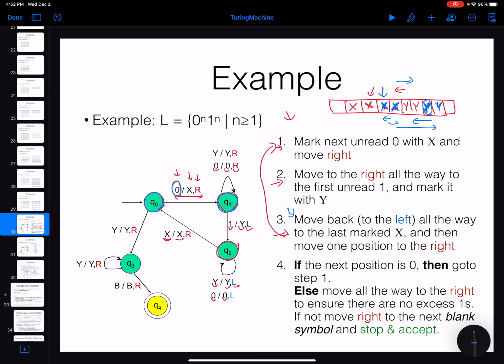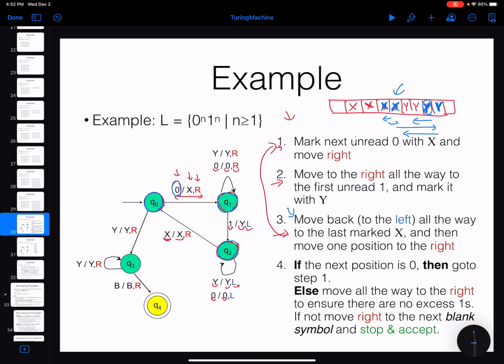So after you have replaced the last 1 with y, you are moving to state q2, right? And then at the state q2, you keep moving to the left until you reach finding an x.